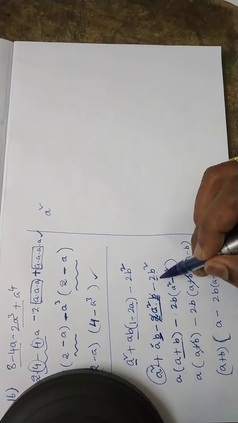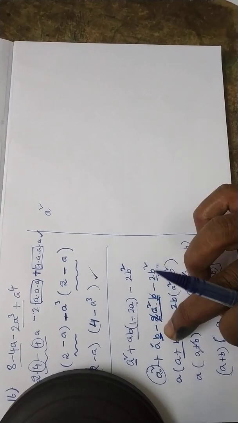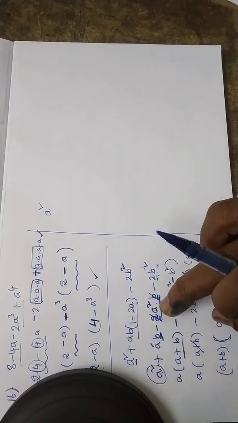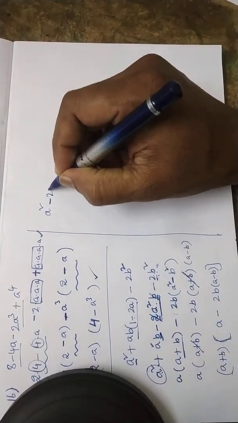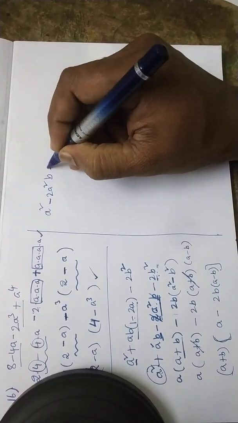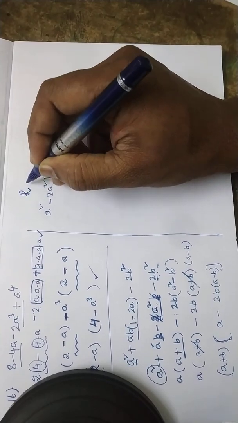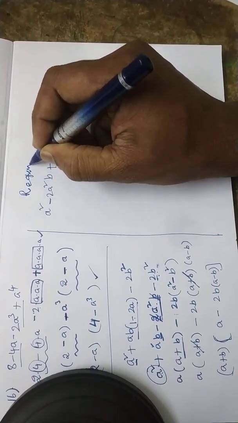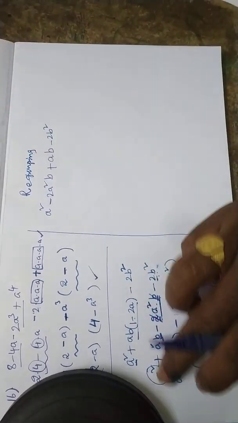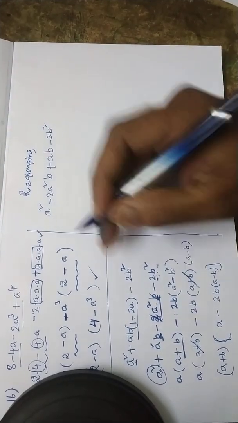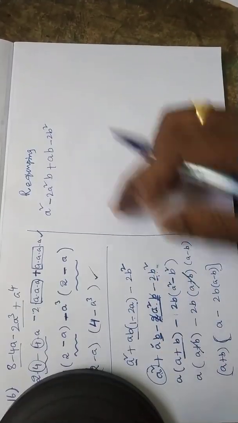So here b is the common in the remaining second and third term. So I am combining first and second. A square minus 2a square b plus ab minus 2b square b. So this is regrouping, children. I am combining first and second, first and third, second and fourth as one group.